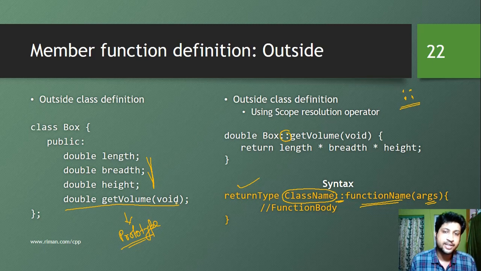For this example we don't have any argument, because the argument is void. Then you can write the body of the function within the braces.